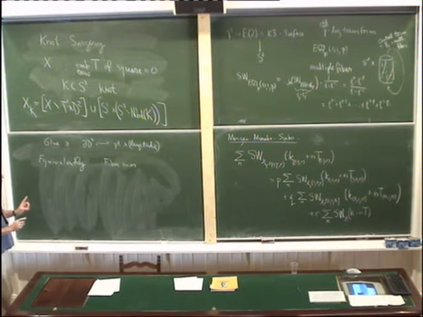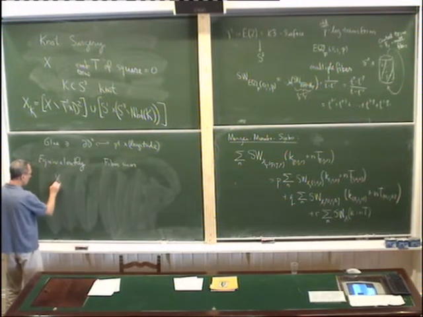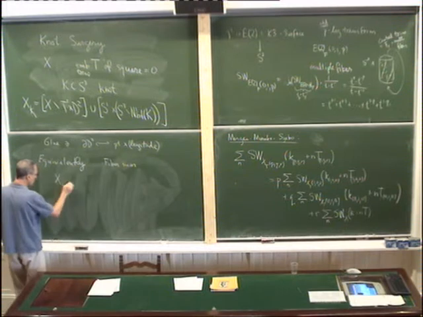Fiber sum just means if you have a torus with trivial normal bundle, then you remove the normal bundle of each from two such things and glue them together so that boundary of normal disk goes to boundary of normal disk. Okay? That's fiber sum.